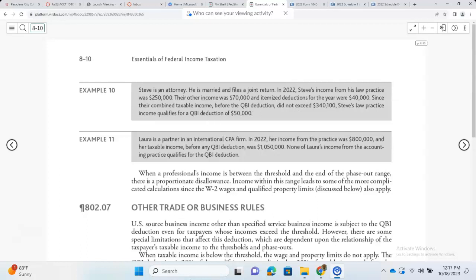So Steve is an attorney. He's married and files a joint return. In 2022, Steve's income from his law practice was $250,000. The other income was $70,000, and itemized deductions for the year were $40,000. Since their combined taxable income before the QBI deduction did not exceed $340,000, Steve's law practice income qualifies for QBI deduction of $50,000.